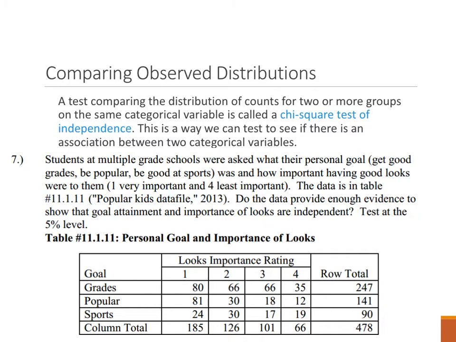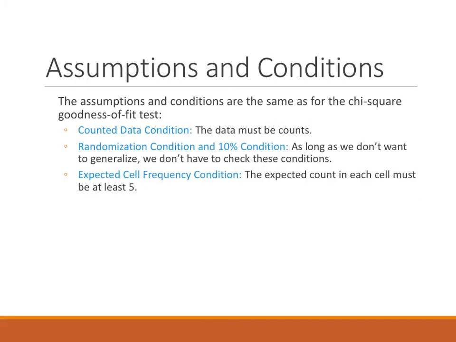Maybe I should start with H0 and HA and actually do the test. But before we do the test, we should look at conditions. Is my data counts? It sure is. As long as we have randomization and the 10% condition.